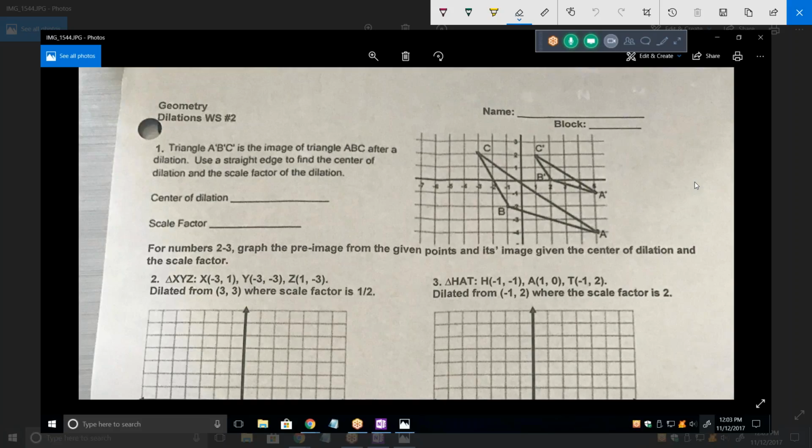Well, right offhand, where would you think the center of dilation would be if you were just thinking about it? It would be like 5, 2.